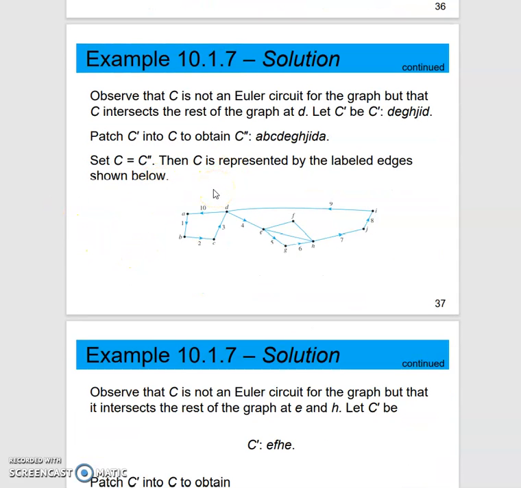I could go from D to E, to G, to H, to J, to I, and back to D. That's another circuit. You'll notice I could also combine these. Basically, start here at D, go around this little box, and then go this direction all along this bigger box.